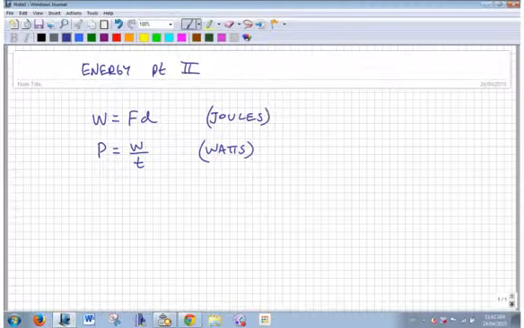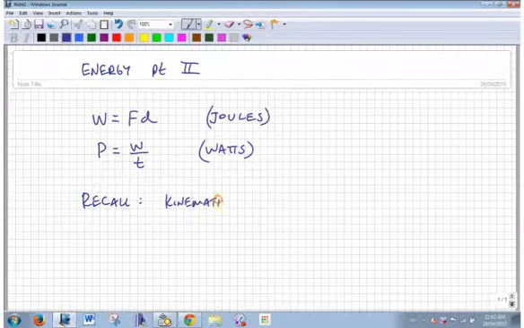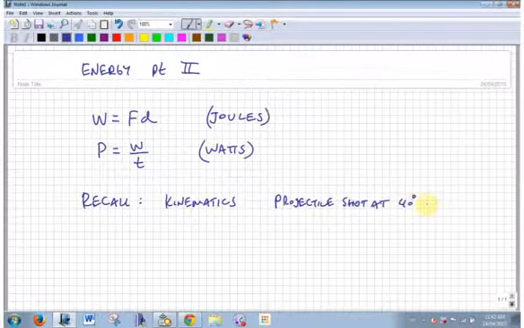Okay, so that was yesterday. Today, recall again, kinematics. Okay, I got a projectile shot at 40 degrees to the horizontal.